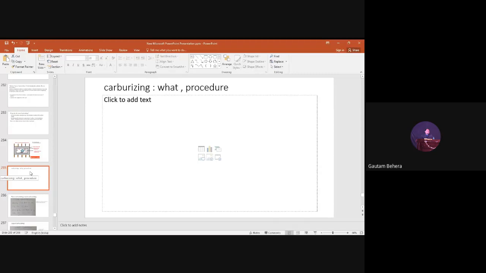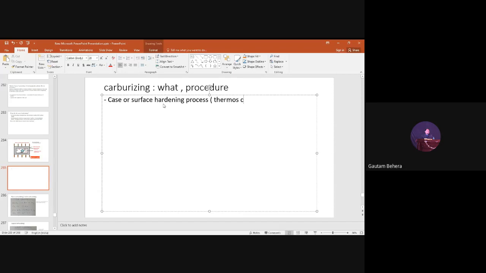So there is a process called carburizing. Carburizing is nothing but a case or surface hardening process. Basically, it is thermochemical heat treatment.